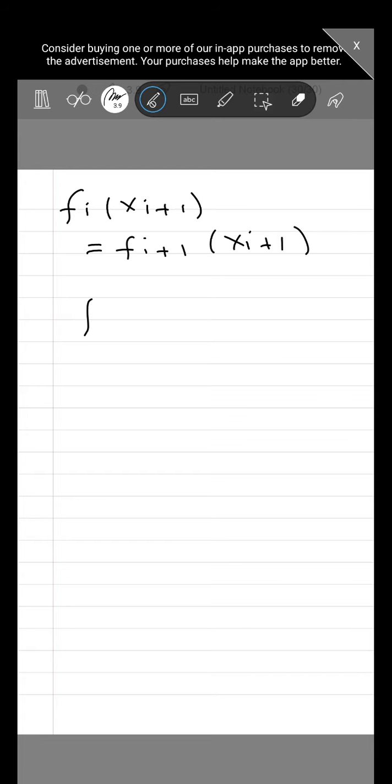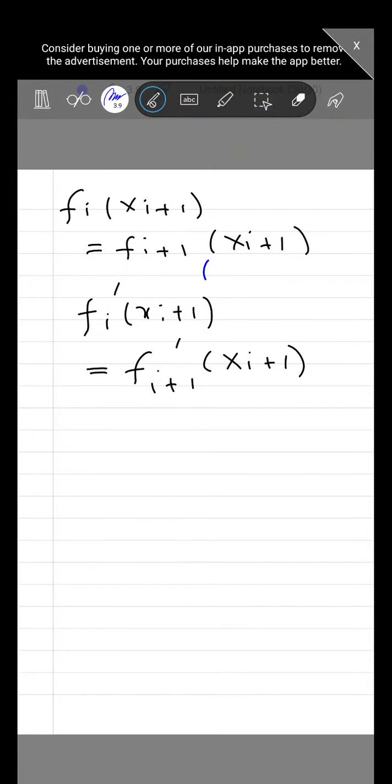Secondly, f_i'(x_{i+1}) should be equal to f_{i+1}'(x_{i+1}), the differentiation. This is valid for i equal to 1 to n minus 2, and the same is also applied here, for i equal to 1 to n minus 2.